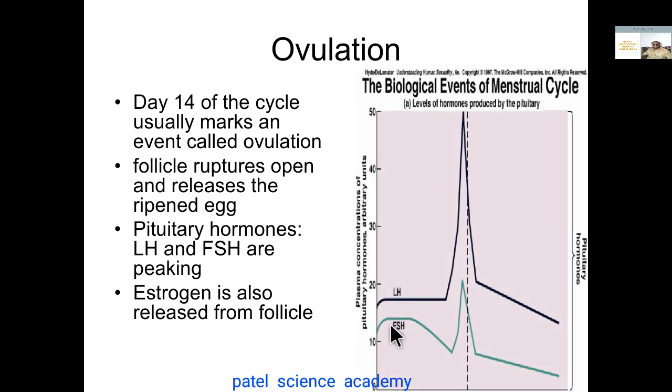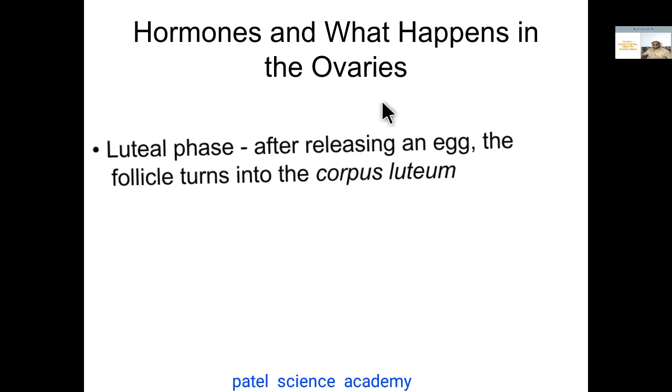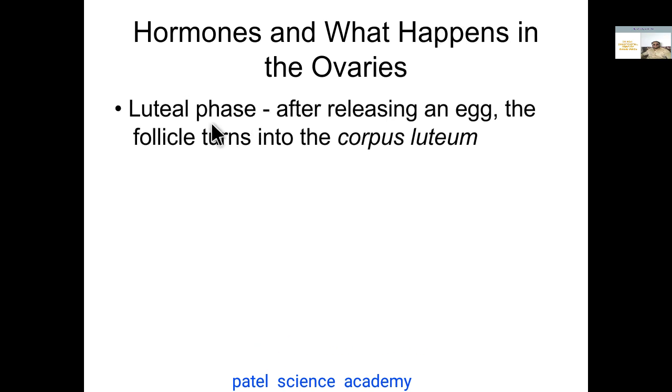You can see here the level of LH and the level of FSH at their peak during ovulation. You can remember it. Then the hormones and what happens in the ovaries during the different stages or phases of the menstrual cycle.